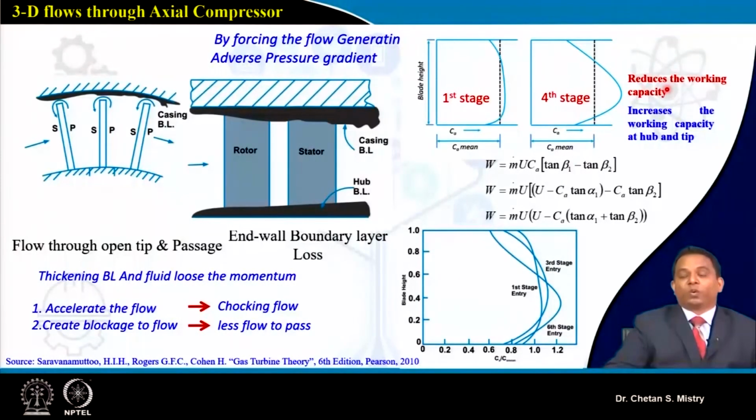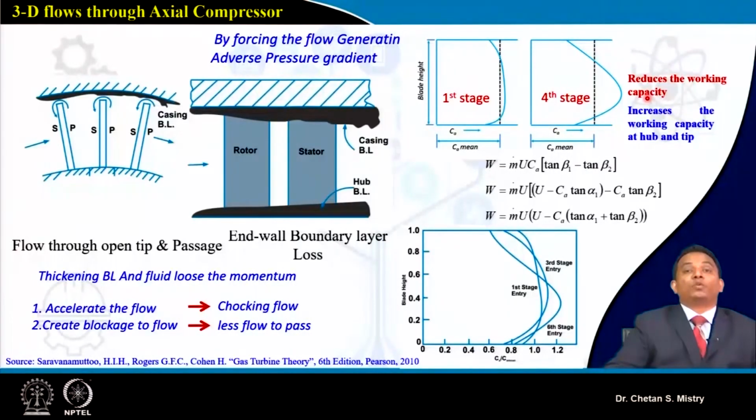That will lead to a reduction in my working capacity or pressurizing capacity. So in the overall sense, we have a detrimental effect of growth of boundary layer, or the three-dimensionality of the flow. That is happening because of my growth of boundary layer and my tip leakage flow, which lead to three-dimensionality in my flow.